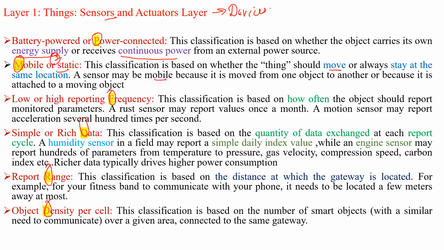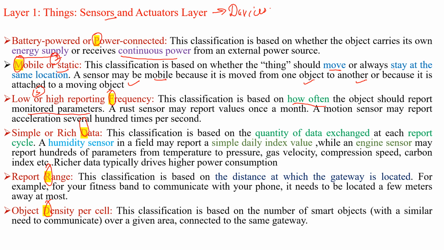A sensor may be mobile because it is moved from one object to another, or because it is attached to a moving object. The third category is low or high reporting frequency. This classification is based on how often the object should report the monitored parameters.